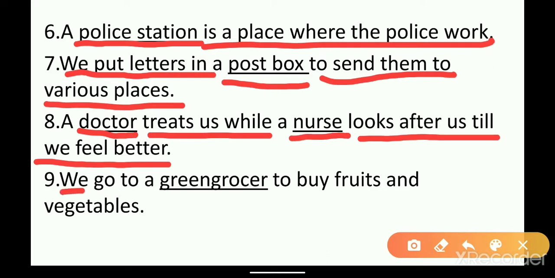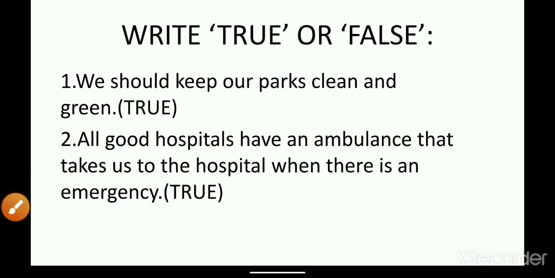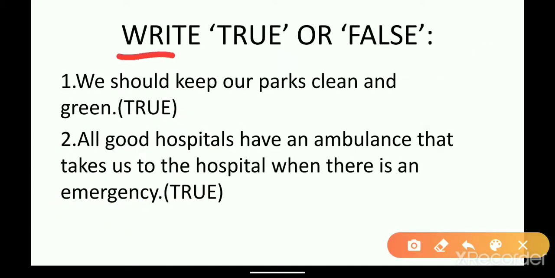Next, we go to a dash to buy fruits and vegetables. So where we go to buy fruits and vegetables? Greengrocer.